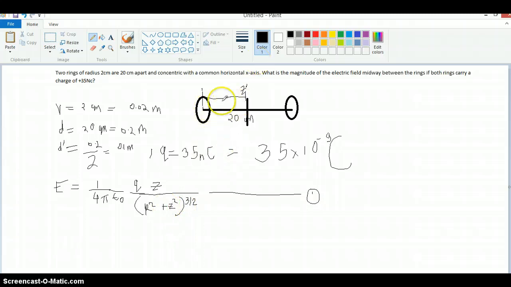We're going to find the electric field at this point due to this circle and due to the other circle. Let's say this is circle A and this is circle B.